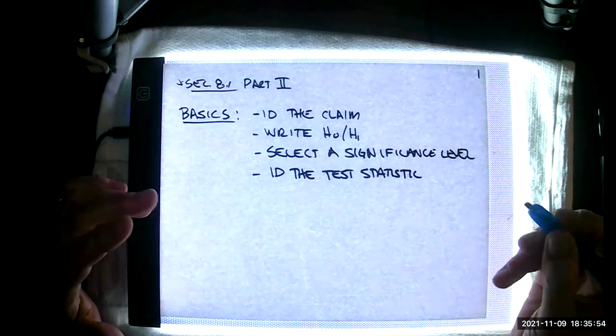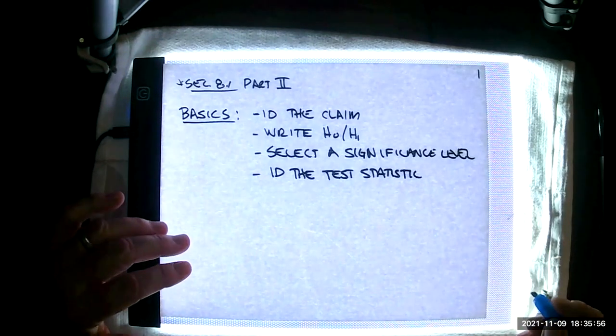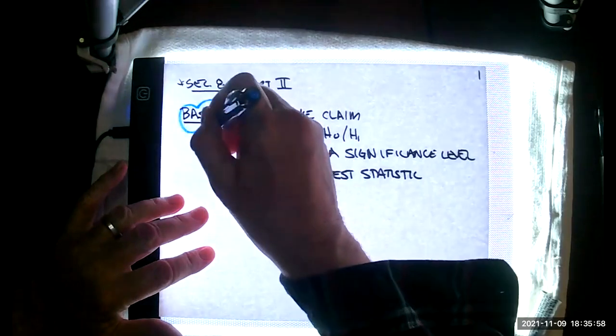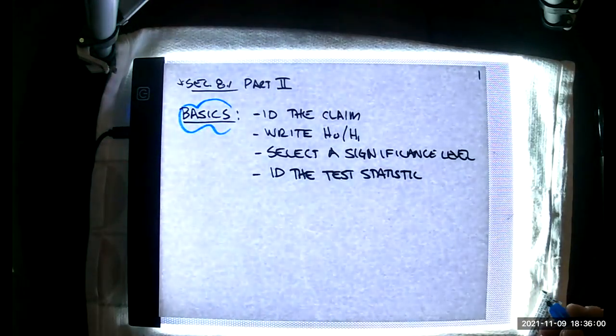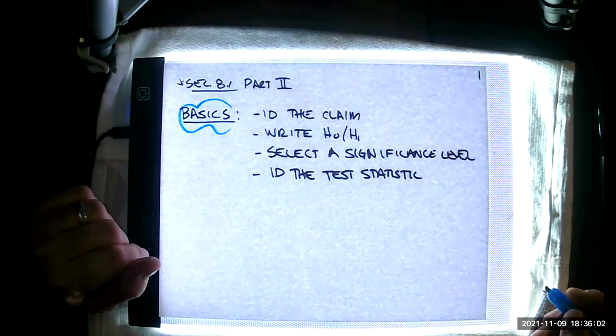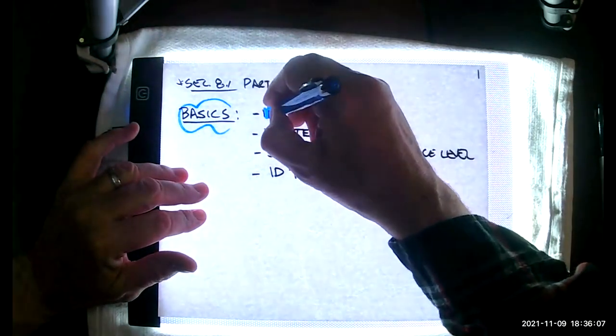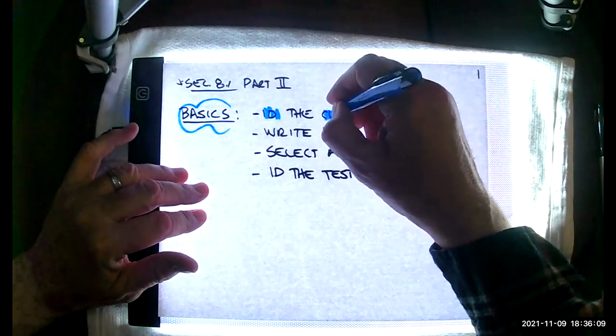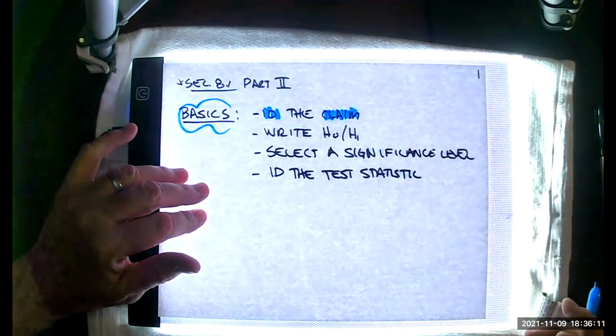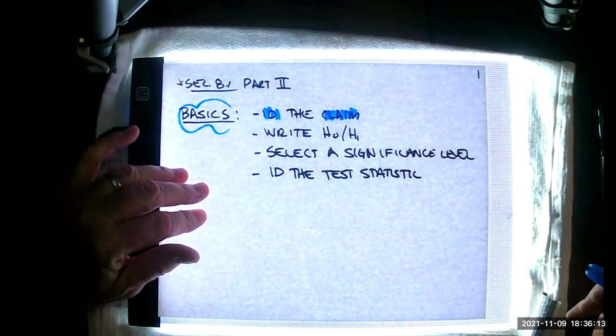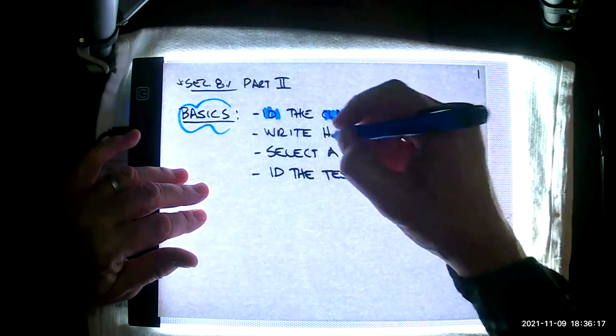All right, anytime we have a test of hypothesis, there are some basic features that we like to try to take care of as we approach the problem. We want to read and identify that claim, and this is really the big challenge that many of my students face, is correctly identifying the claim.